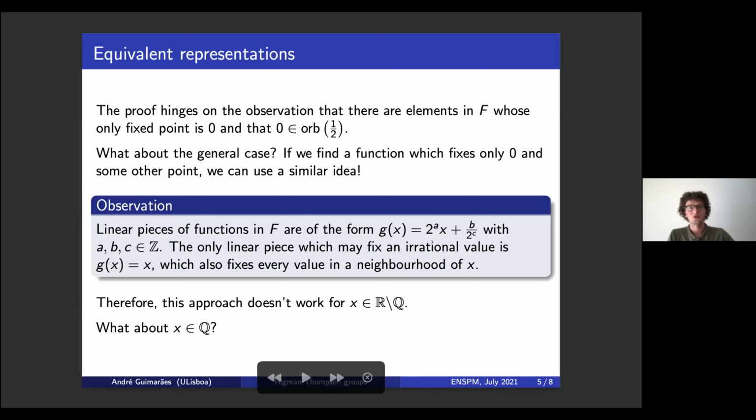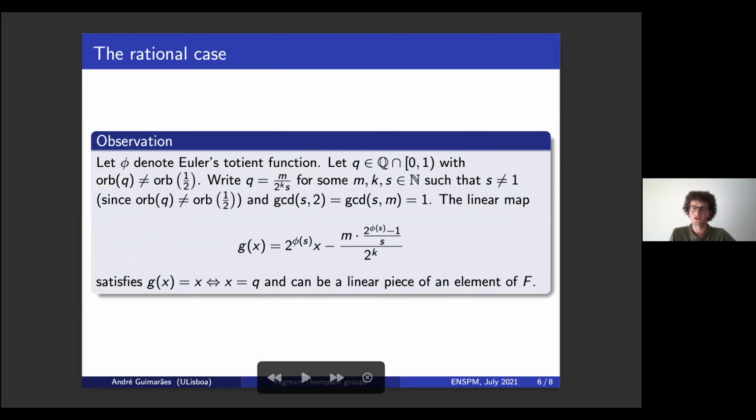So we've reduced our problem to trying to find a function which is an element of the Thompson group, which fixes only 0 and a given rational value. And now is where we can use a neat trick, I think. We can exploit the properties of Euler's totient function and Euler's theorem as well.